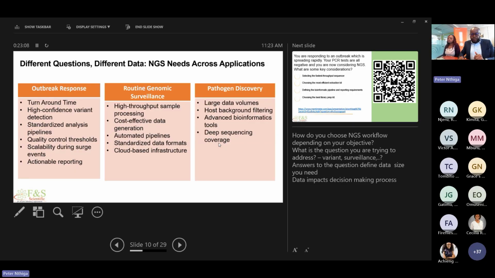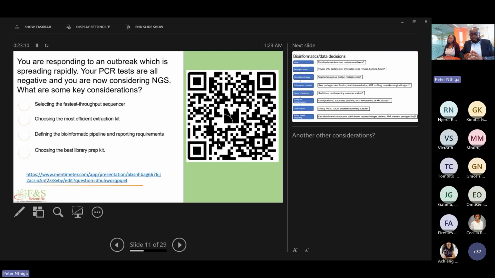At this point, we'll have another quick interactive question. Again, feel free to respond in the chat. So in this question, you're responding to an outbreak which is spreading rapidly, and your PCR tests are all negative. So, you're considering utilizing NGS.